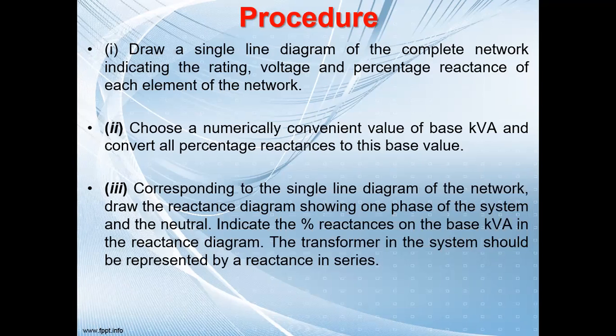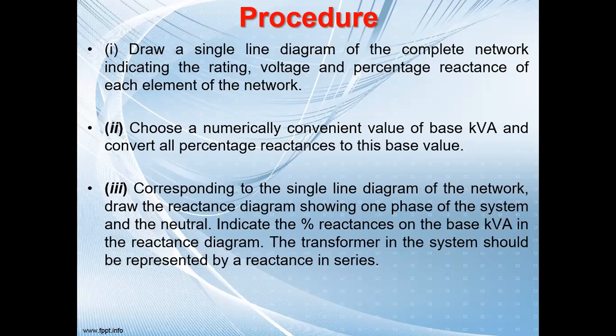Since we have converted all the percentage reactances of the equipment as per the base value, we need to put those percentage reactances into the reactance diagram. How to draw those things, we'll take numerical problems and deal with them.